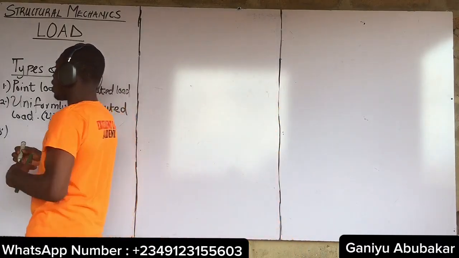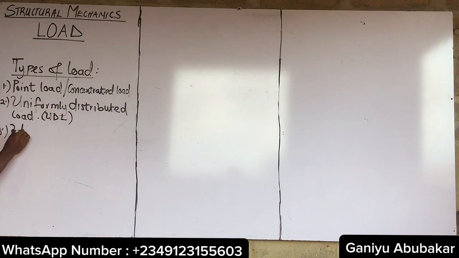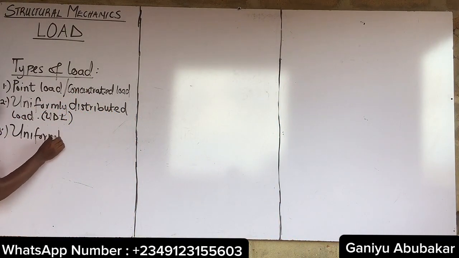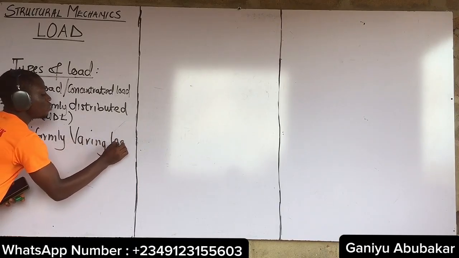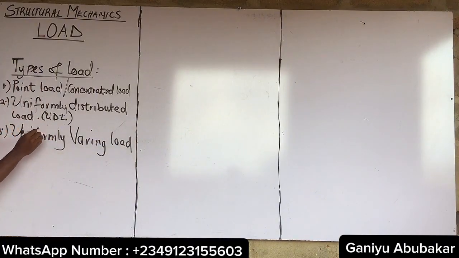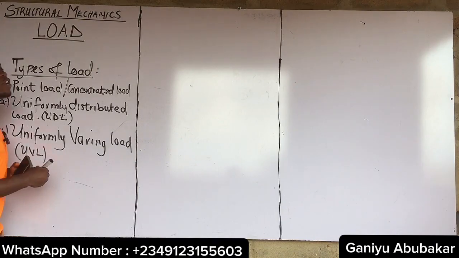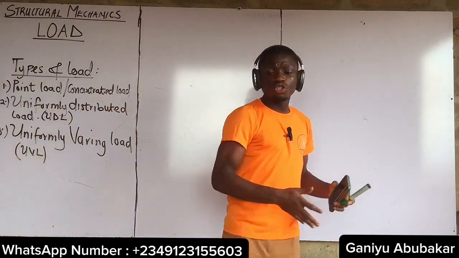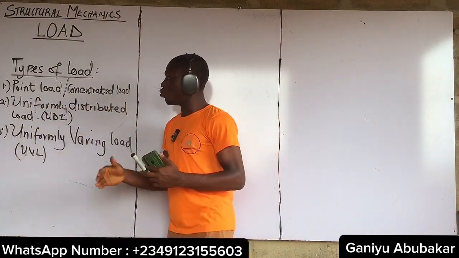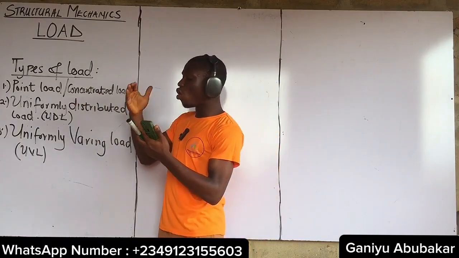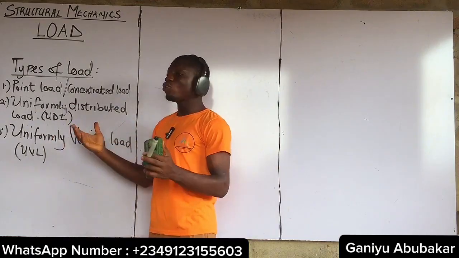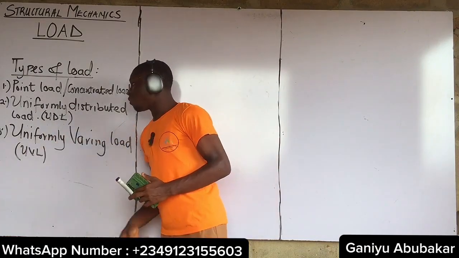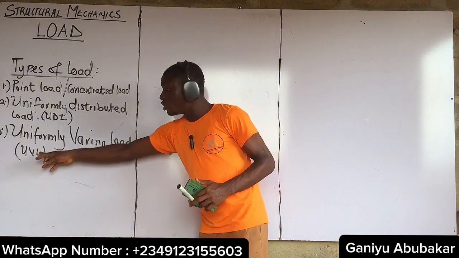The third type of load that we have is called uniformly varying load, abbreviated as UVL. So when you hear the word UVL, we mean what? Uniformly varying load. So when it comes to type of load, we have point load, also called concentrated load. Number two, uniformly distributed load, called UDL. Number three, uniformly varying load, that's UVL.